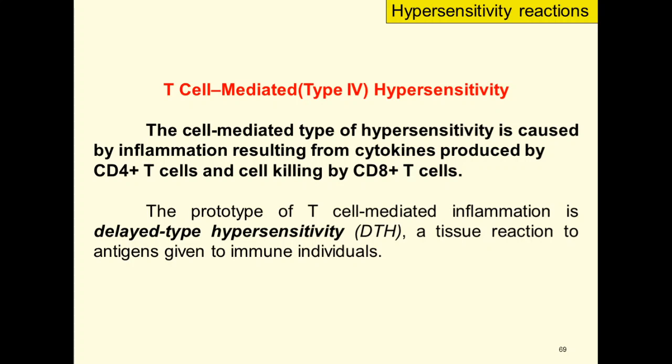But this is not actually accurate, to name the first, second, and third immediate, because really immediate is only the first type. Second and third could take more, for sure, more than several minutes.